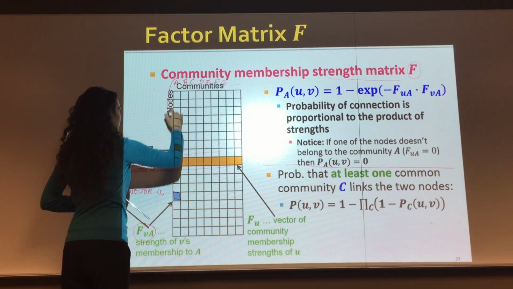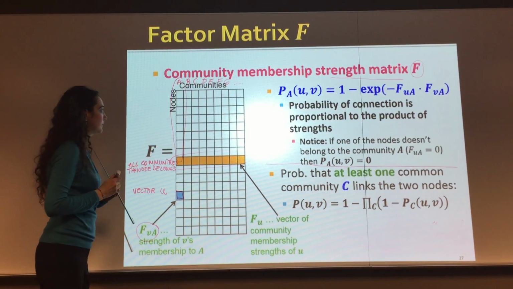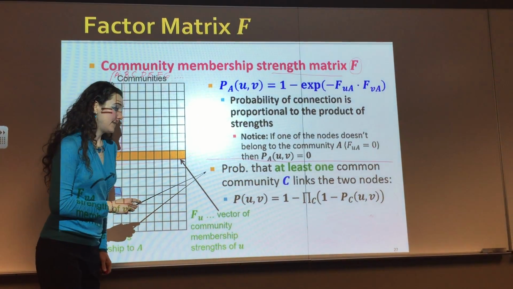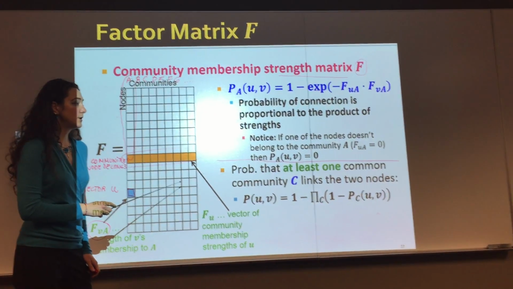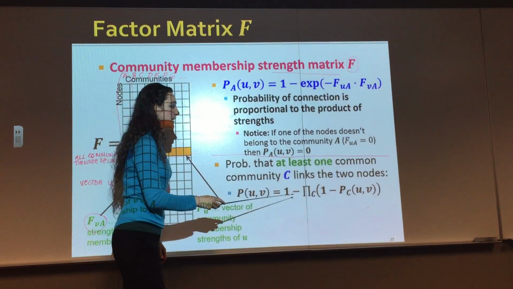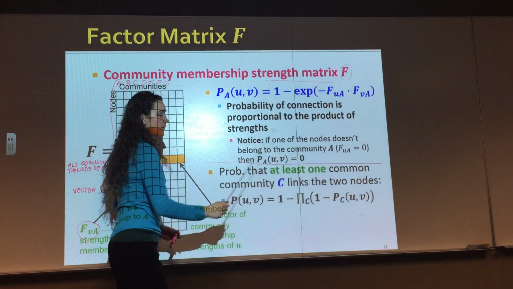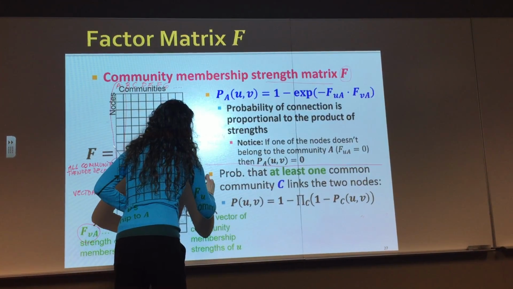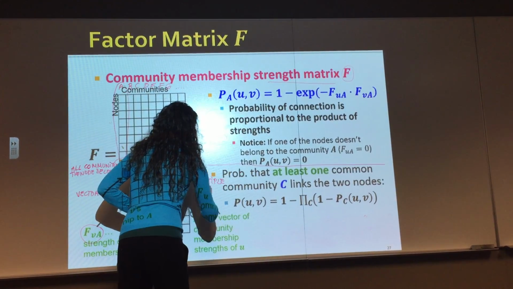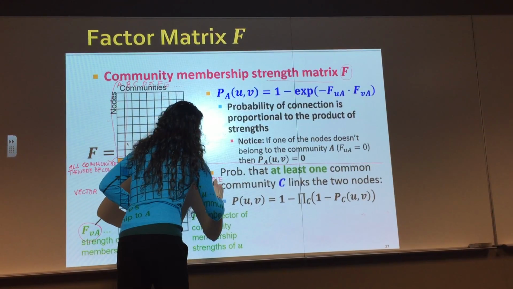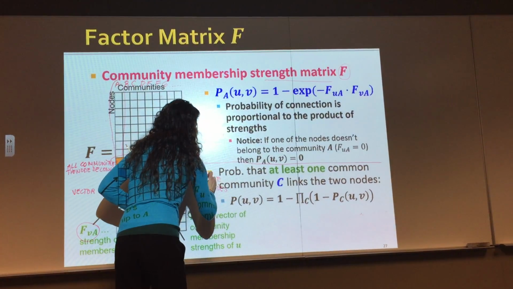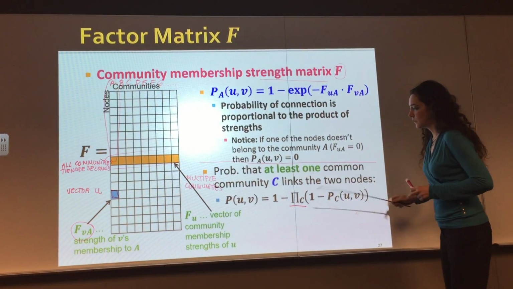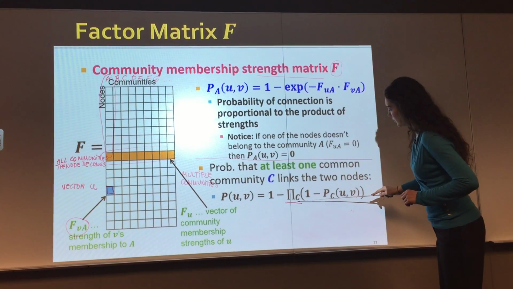So that's going to be here, community A. If these guys belong to multiple communities, then we will take the product of the probabilities of all of the communities that they belong to. So this right here is C, because C is for all of the communities.